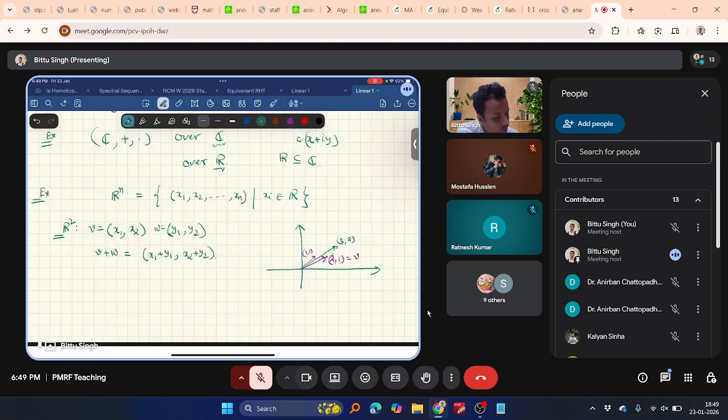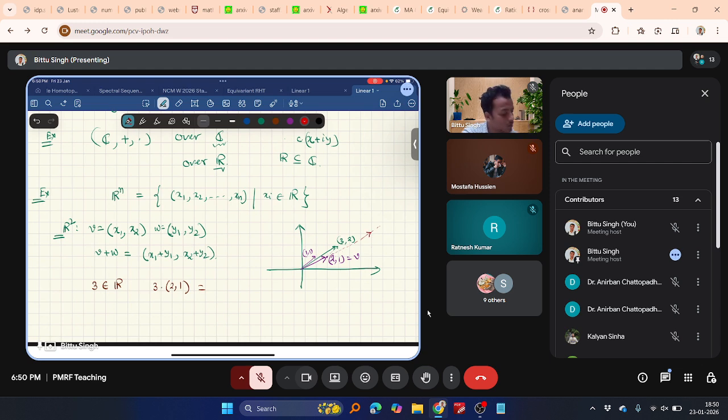Similarly, what will be multiplication by some scalar? For example, 3 belongs to the real numbers, so we can multiply 3 times this 2 comma 1. Then this vector will get stretched. So we just extend it, and it will become 6 comma 3.